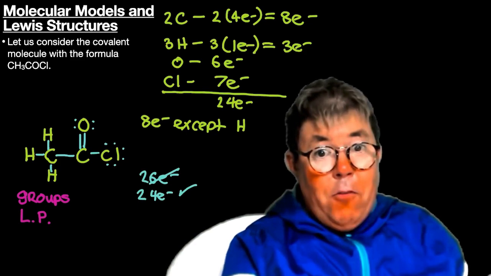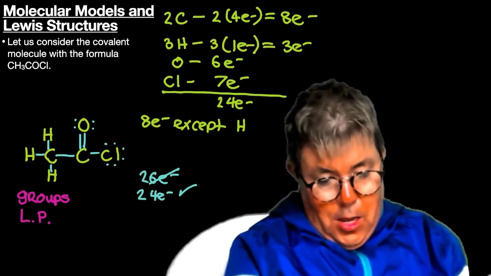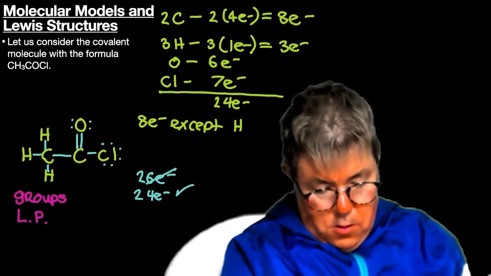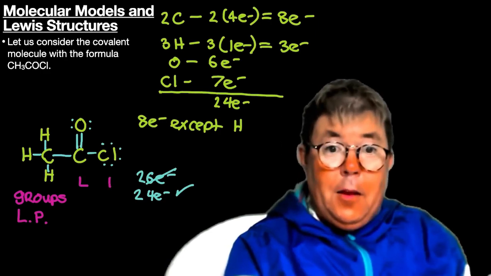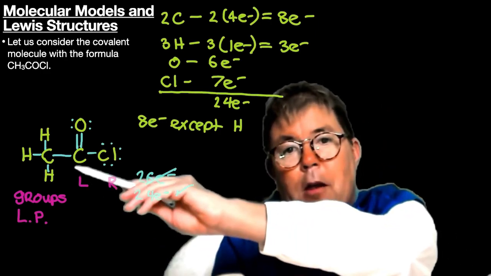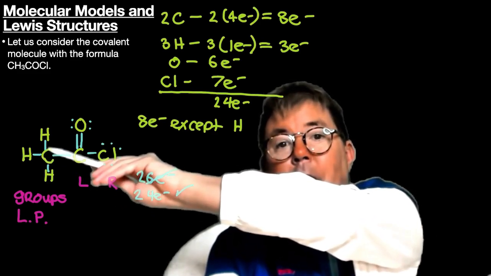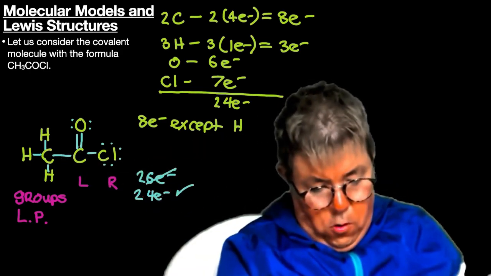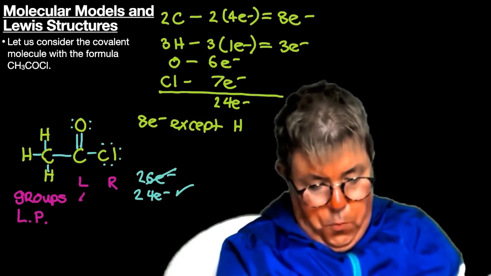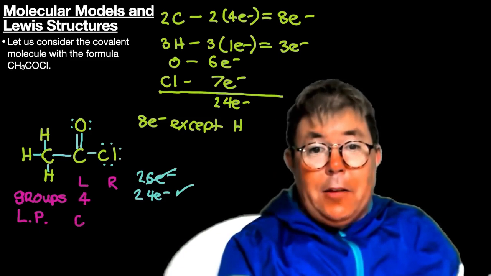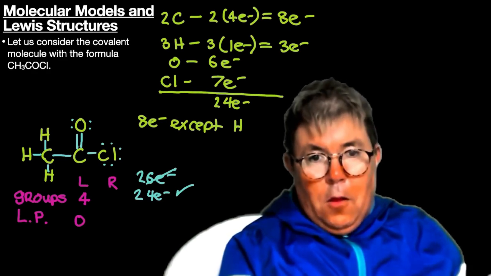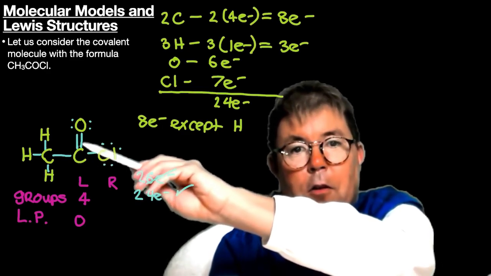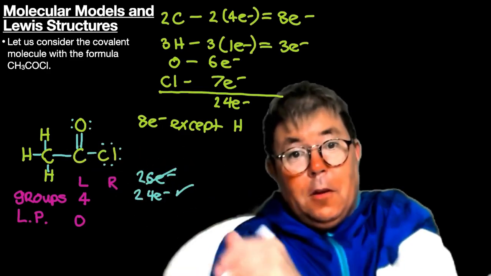Because we have two central atoms, I'm going to label left, and we're going to label right. So looking at the carbon on the left, there are 1, 2, 3 hydrogens and 1 carbon, giving 4 groups, and there are no dots, no lone pairs. Looking at the carbon with the oxygen, there are 1, 2, 3 groups, no lone pairs.